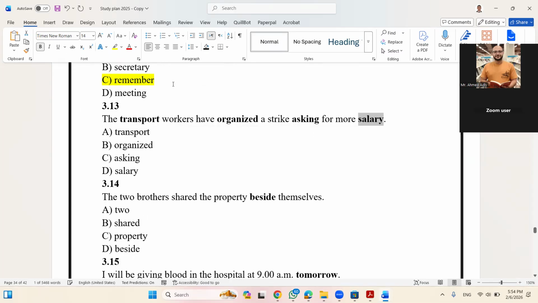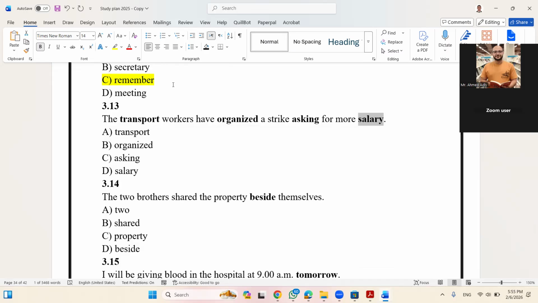Ask yourself. Follow the steps, by the way. What is it about? About workers that are doing a strike for more money. Good job. A salary. Why replace it? They're asking for more money. The money that they have every month is a salary.